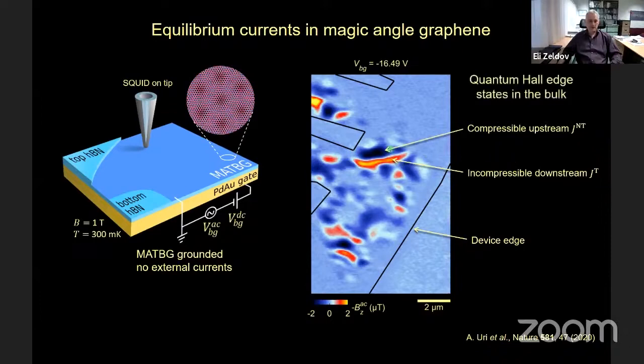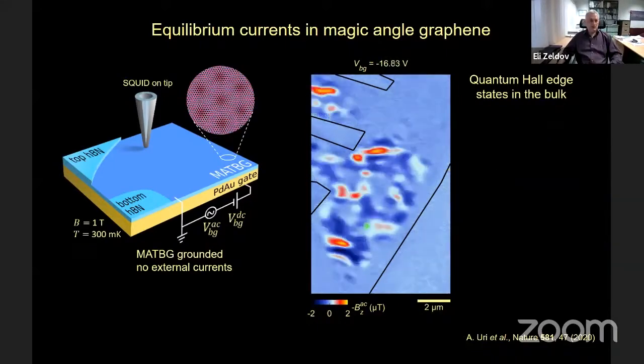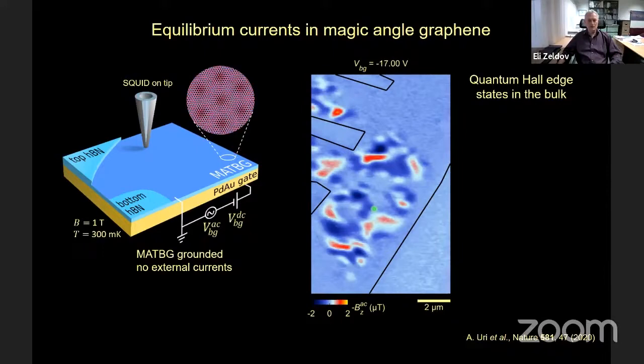And the first striking thing that you see here is that the quantum Hall edge states appear in the bulk rather than along the edges, as we've seen in monolayer graphene. And moreover, if we now change the backgate, you see that these currents and Landau levels move around, but they actually never reach the edges and never flow parallel to the edges, which is very surprising and quite disturbing. As I'll describe in more detail later, this arises from the fact that the twist angle varies with position.